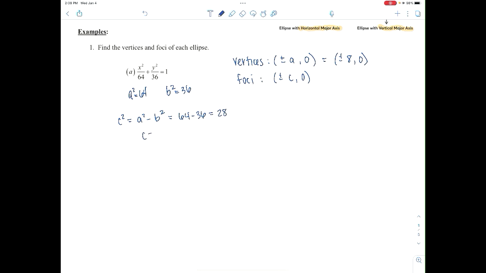So c is radical 28. That we can simplify to 2 root 7. And since we took the square root, it's plus minus. So our focus points are the positive and negative versions of 2 root 7 and 0.